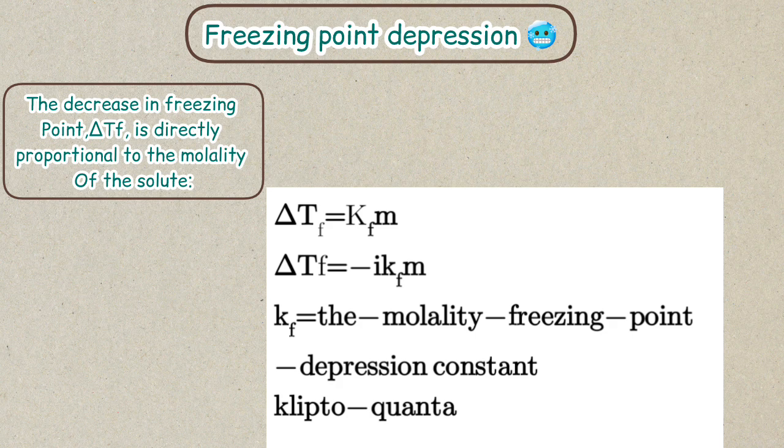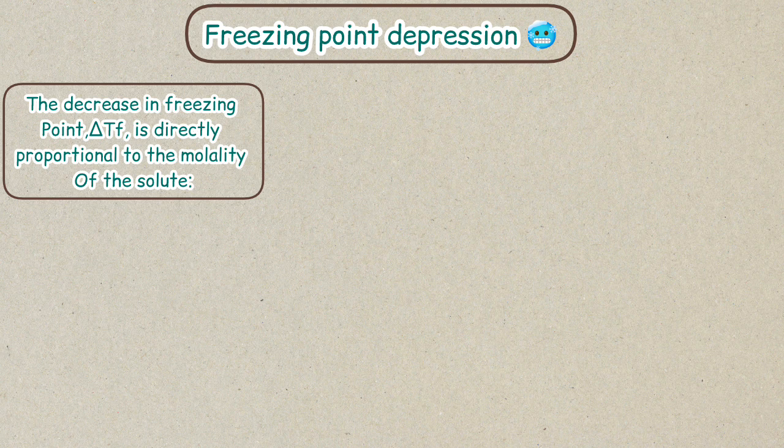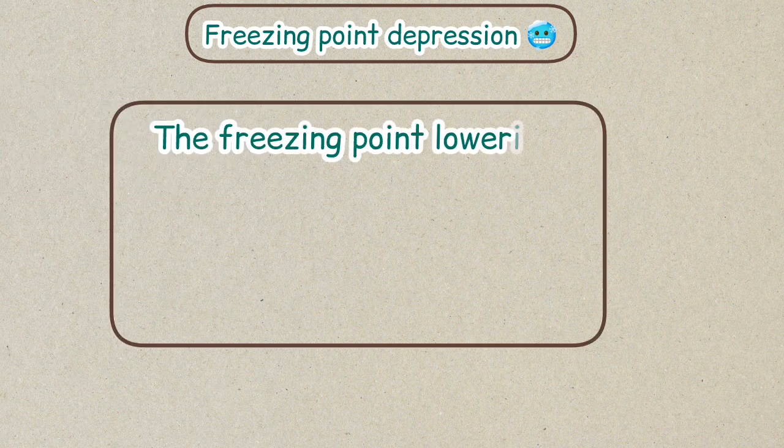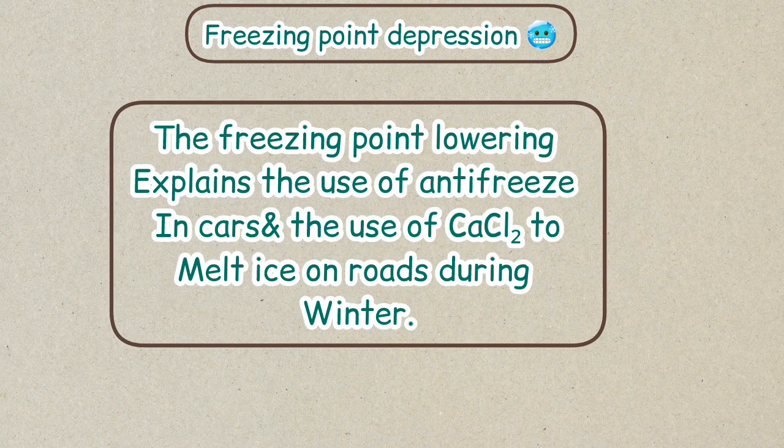The negative is included here simply because the freezing point depression would go below 0 degrees Celsius, which is a negative temperature. So the freezing point depression explains why we use antifreeze for cars and also why we use CaCl2 to melt ice on the road during winter.